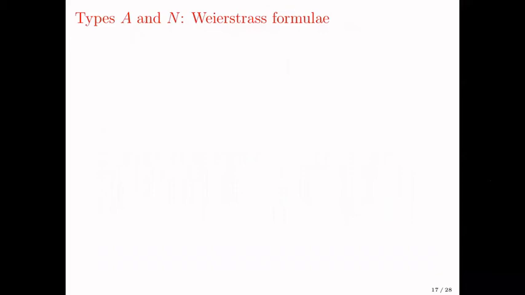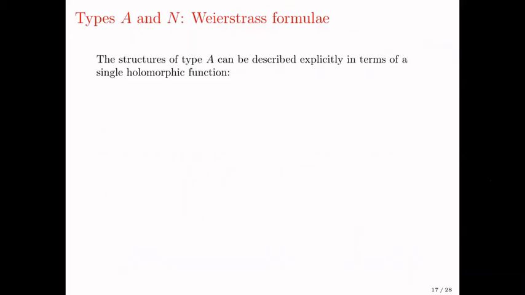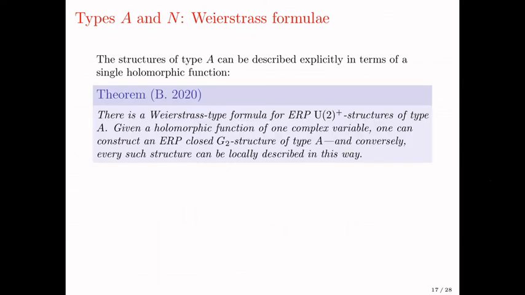Well, for types A and N, you get a Weierstrass formula. So for the structures of type A, that's the structures where S equals 0 and N equals 0, it turns out that you can describe these explicitly in terms of a single holomorphic function. So there's a Weierstrass type formula for these structures, which basically goes like this. If you give me a holomorphic function of one complex variable, then I can construct an ERP closed G2 structure of type A. And in particular, if you give me two different holomorphic functions, I'm going to get two distinct ERP closed G2 structures.